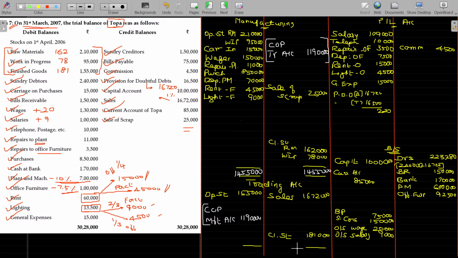Now on tallying the trading account, the balance being 18 lakhs 53,000. You get the GP. Here the GP being 5 lakhs 8,000. I transfer the GP to P&L account, 5 lakhs 8,000.